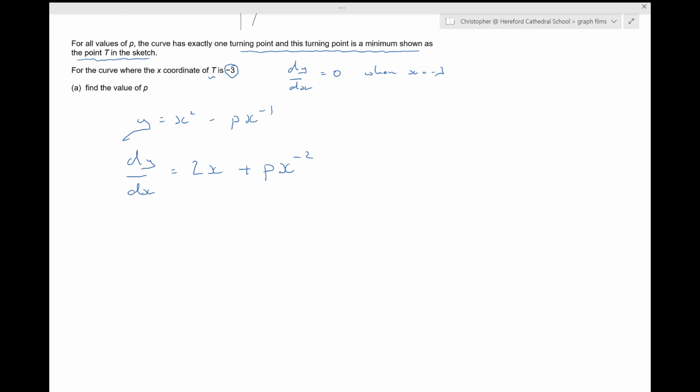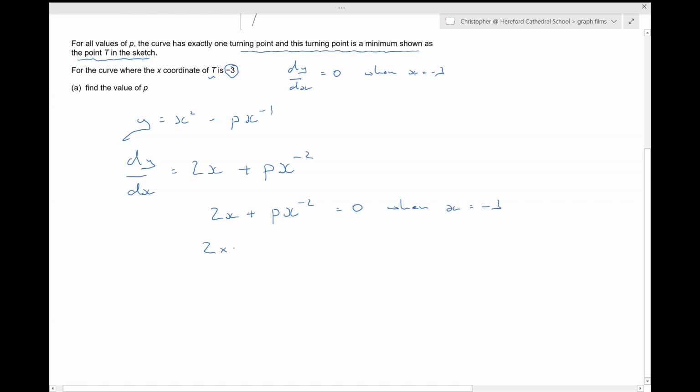And I know that this differential equals 0 when x is -3, because -3 is the x-coordinate of the minimum. So I'm just going to substitute in x is -3 into this.